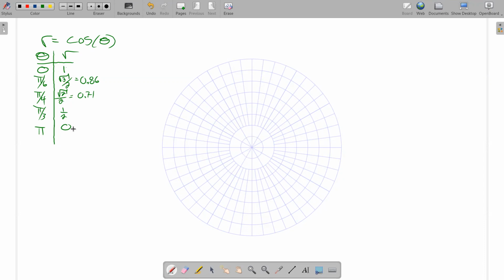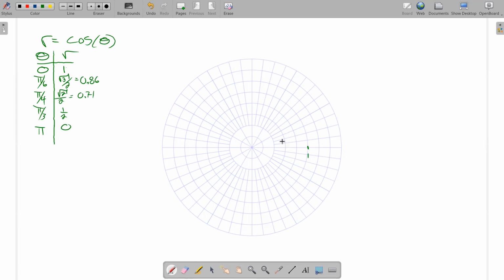So given that these numbers are at most 1, I'm going to use 1, 2, 3, 4, let's go 5 circles out here. So the 5th circle out on mine is going to be 1. So I'm scaling by 2/10, right? 0.2, 0.4, 0.6, 0.8, 1.